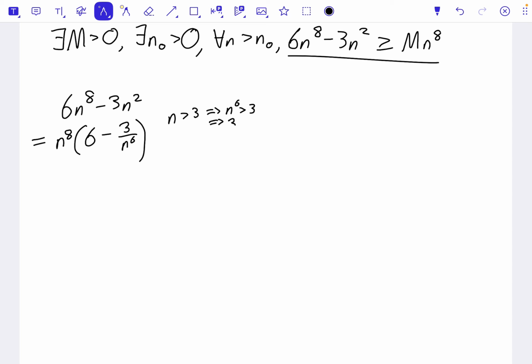So 3 divided by n to the 6 is going to be less than 1. Which means that if you subtract that thing from 6, the result is going to be greater than 5.